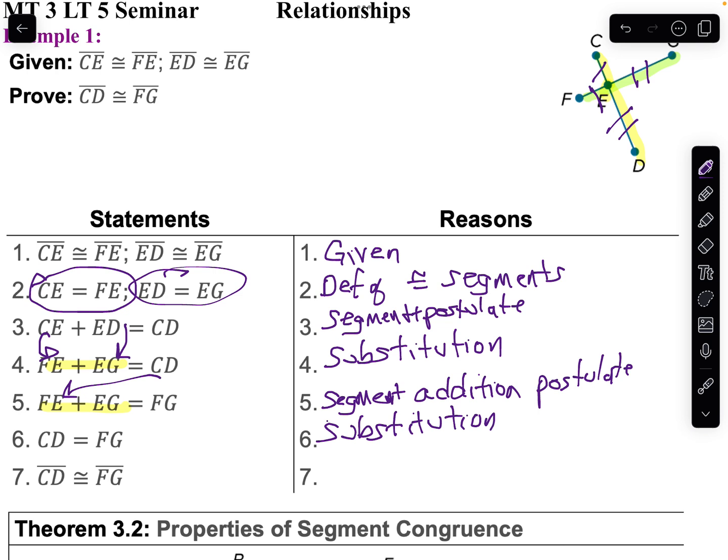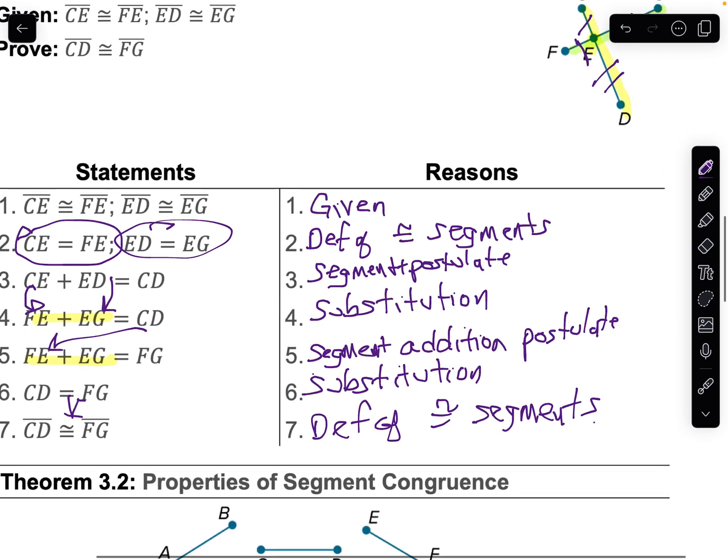And then finally, I'm changing my equal sign back to a congruent, so it's definition of congruent segments. So the new reason we learned here was your segment addition postulate. And that's usually what happens when I'm trying to prove two big things are congruent. I'll show their parts are congruent, and I'll use substitution to show that the whole things are congruent.